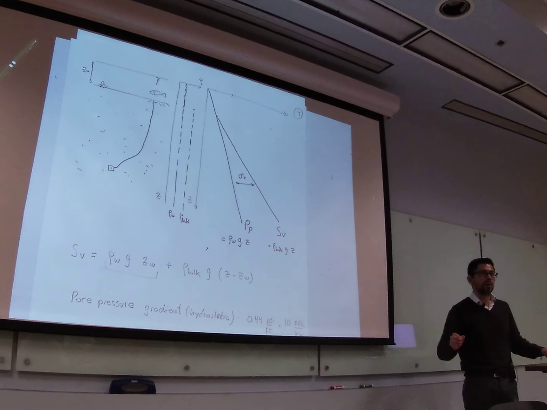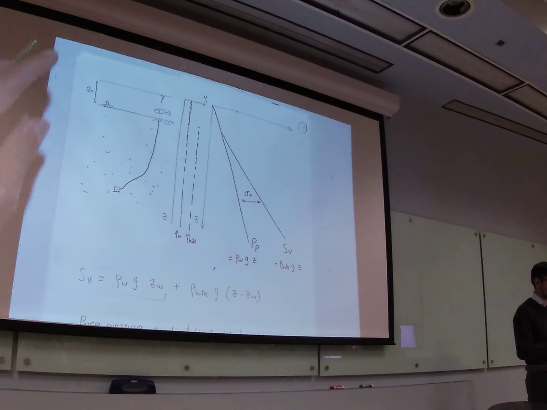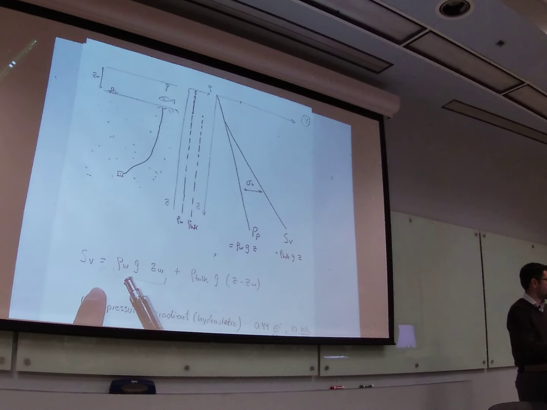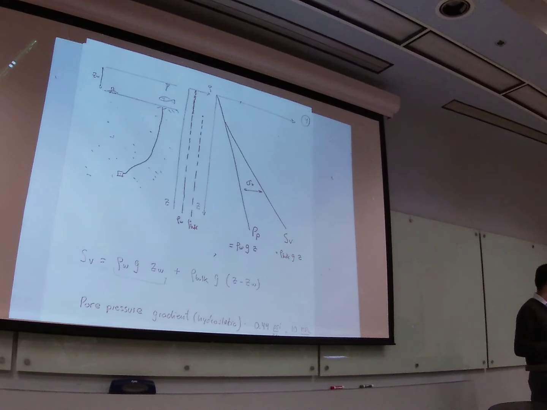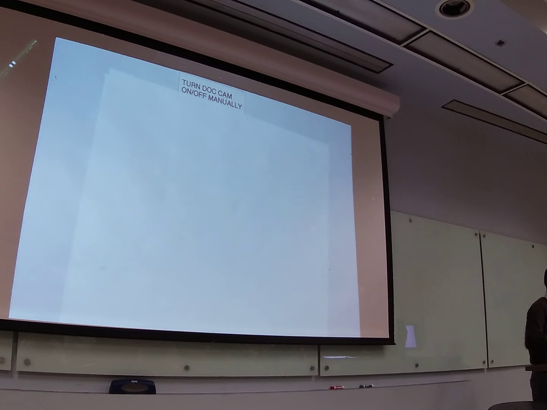As you go deeper, usually the rocks get heavier. And in order to take that into account, we need to find a general solution for this equation. We're going to have to do now a little bit of math. So let's get started with that.